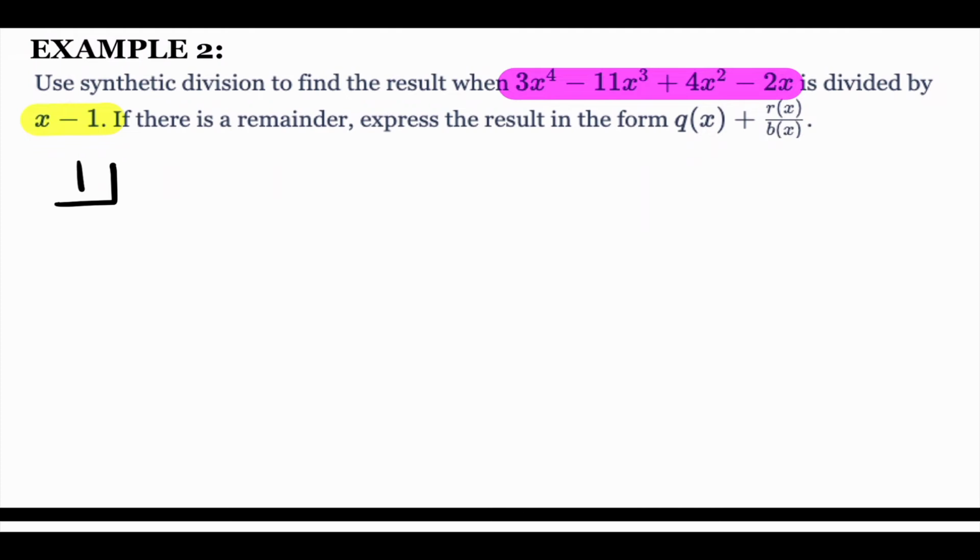Okay. Now, the purple is the dividend. I only want the numbers. I don't want the letters. Okay, so I'm going to put a 3, a negative 11, a positive 4, a negative 2. What is this guy missing that the last guy had? Look at the purple compared with the purple that you just had.